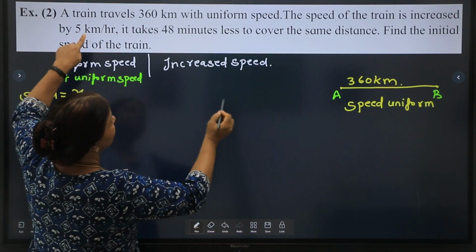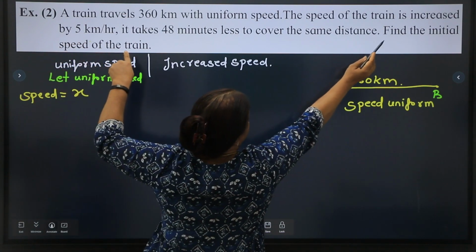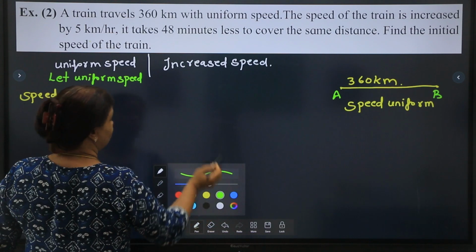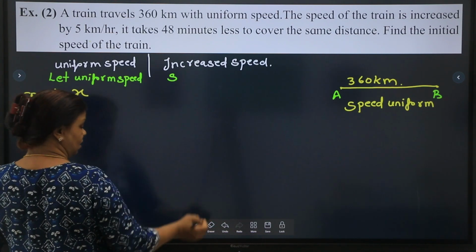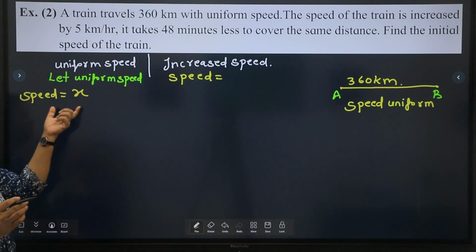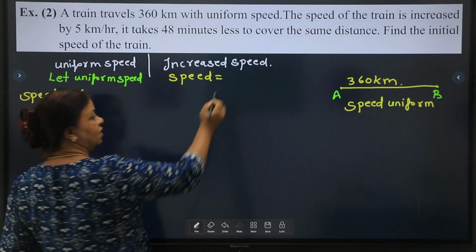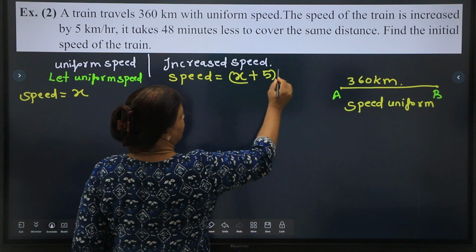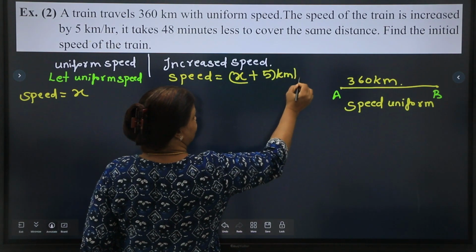And if the train speed is increased by 5 km, now here the speed will be, increased speed will be, already original speed is x, now the speed is increased by 5. So, x plus 5 km per hour.